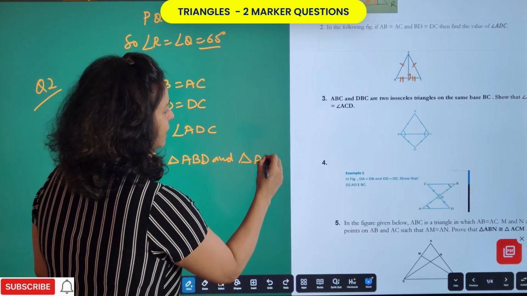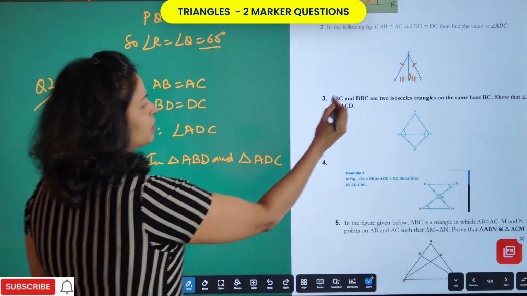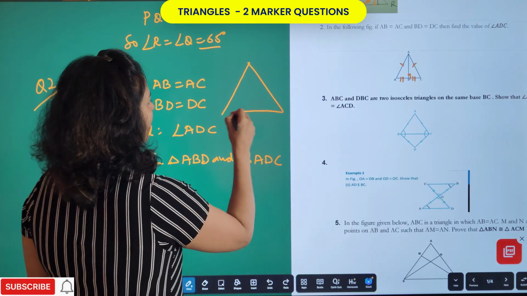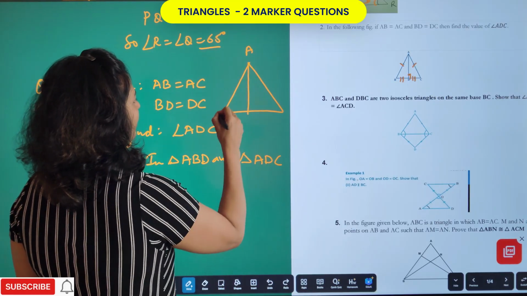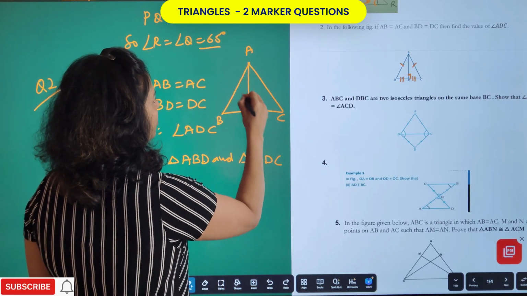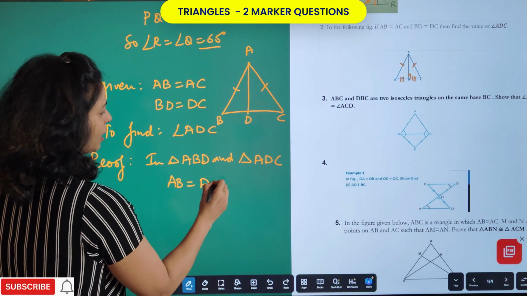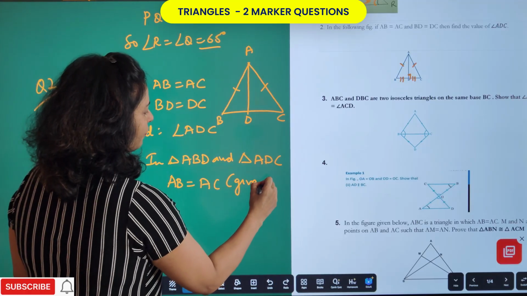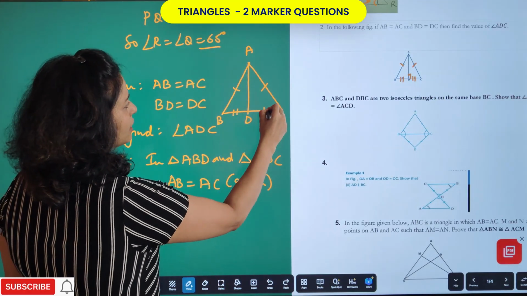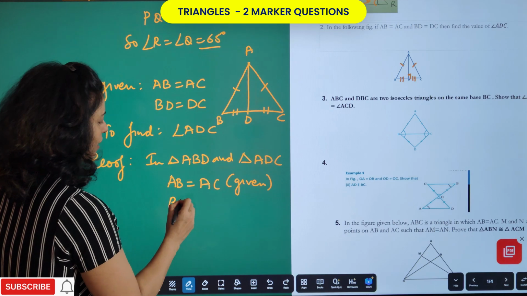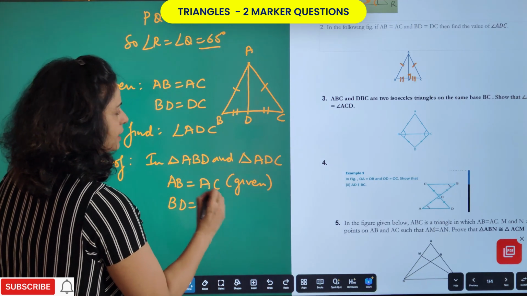and triangle ADC. So if you see this triangle, it's like this, B, D and C. So these two sides are equal, so we can write AB is equal to AC, which is given to us. Also they have given BD is equal to DC, so we can write BD is equal to DC.